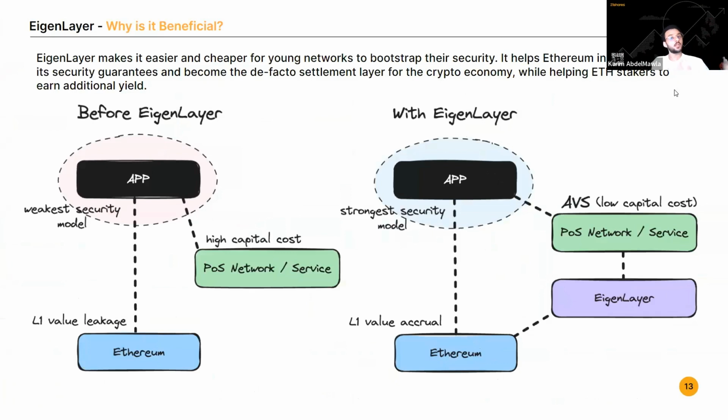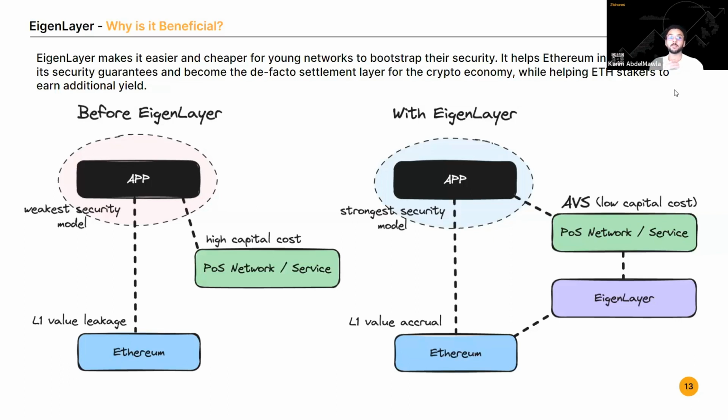However, if you rely on a network as big and as established as Ethereum, with more than $100 billion worth of ETH being used to back Ethereum security, you are effectively enabled to borrow from some of that. So this introduces a capital efficient way of relying on Ethereum to secure your network.